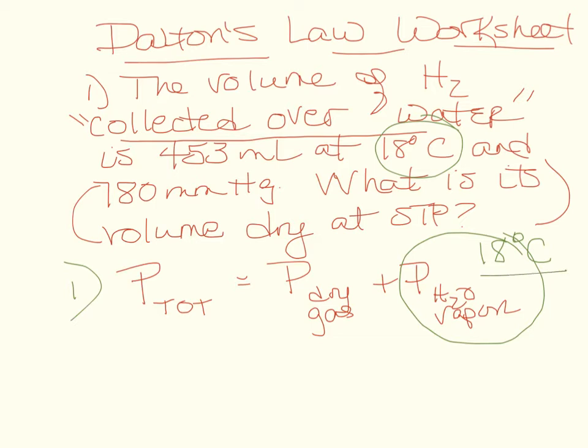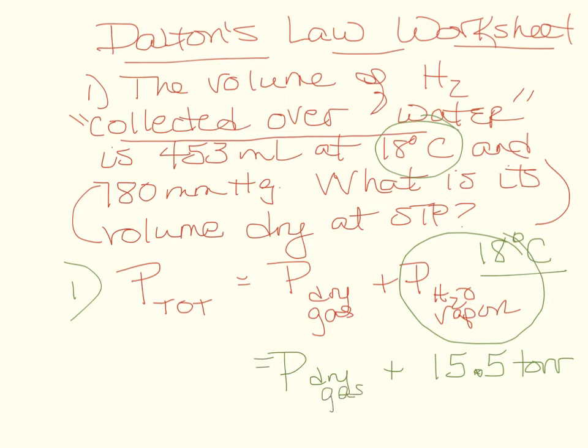So this table says that at 18 degrees Celsius, the vapor pressure of water is 15.5 torr. Okay. Make sure all the units of pressure you have match one another. All right, so we are solving for the pressure of the dry gas.